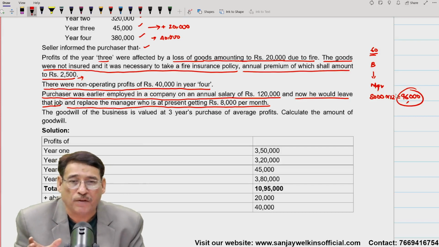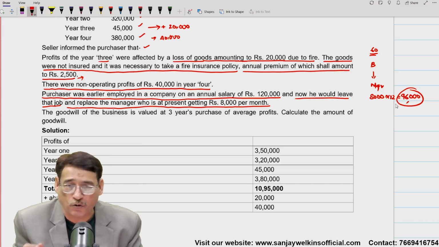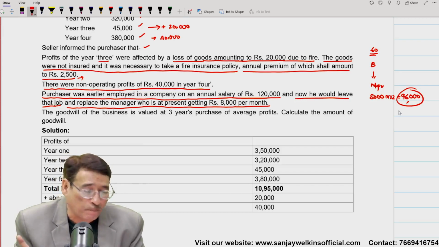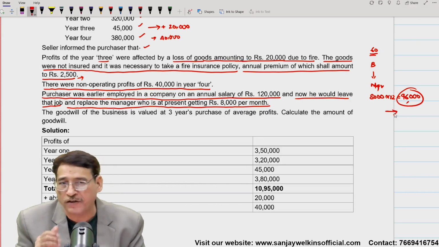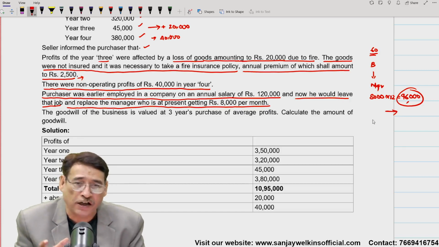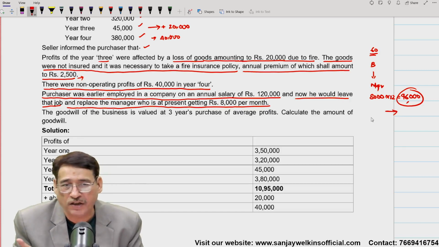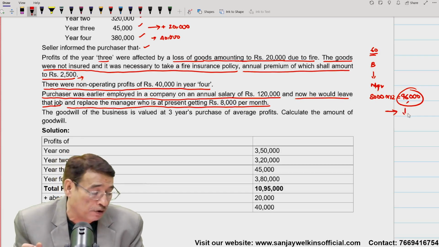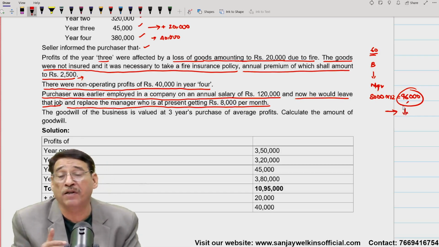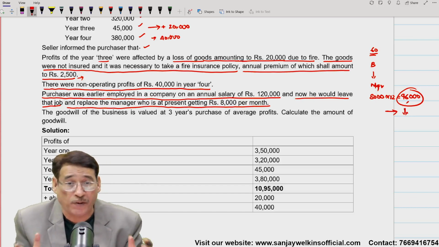But it is given in the question that he will leave the job, but he will replace this manager. What does it mean? That means after taking over the business, the services of the manager will not be required by the purchaser. So it will become a sort of saving for him and it will be considered a future gain for him. It will be added back.